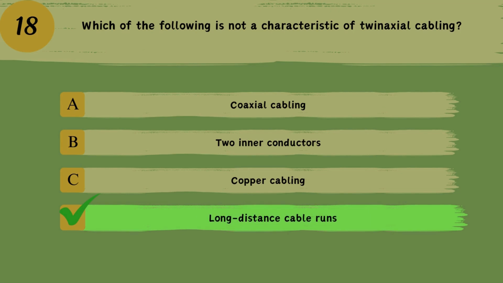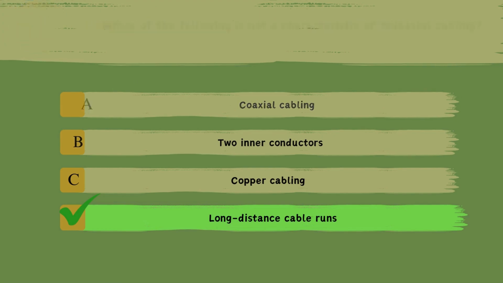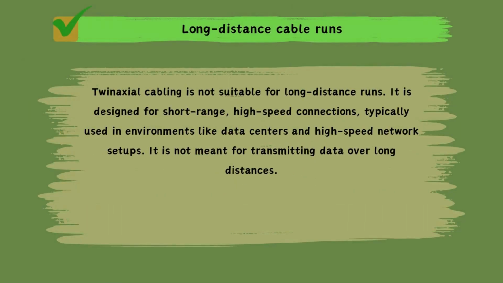Correct answer, D. Long-distance cable runs. Twin-axial cabling is not suitable for long-distance runs. It is designed for short-range, high-speed connections, typically used in environments like data centers and high-speed network setups. It is not meant for transmitting data over long distances.